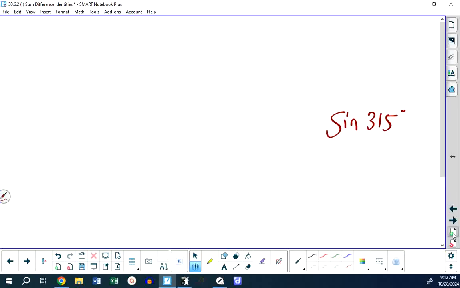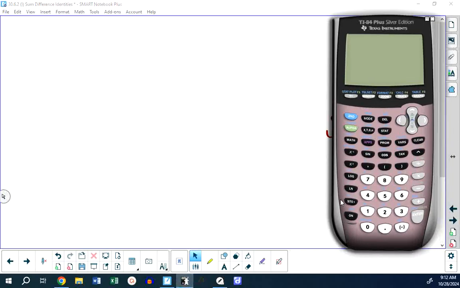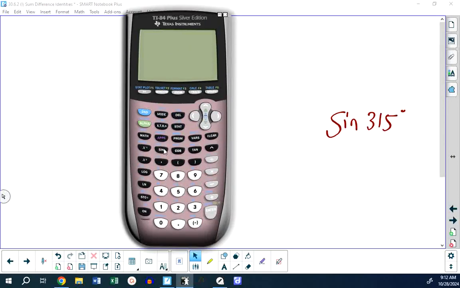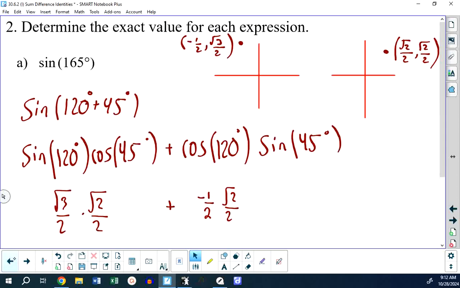You didn't need to know your unit circle that well to know what this is equal to, because you can take in your calculator sine of 315 degrees and get that number and maybe recognize 0.707 as root 2 over 2. Right? I didn't point that out to you. And root 3 over 2 is 0.866 something. Like, you can recognize these numbers. Keep that in mind as we finish this problem.